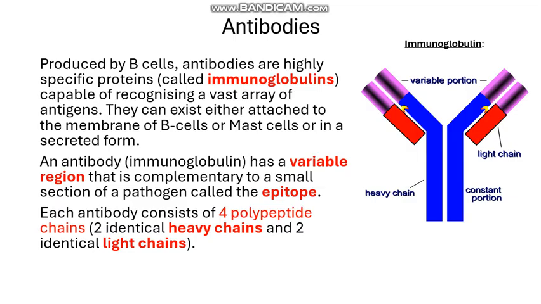They're still part of the heavy and light chains, but they're subject to a lot of diversity so that the immunoglobulins can have antigen binding sites that recognize pretty much any epitope they come across.